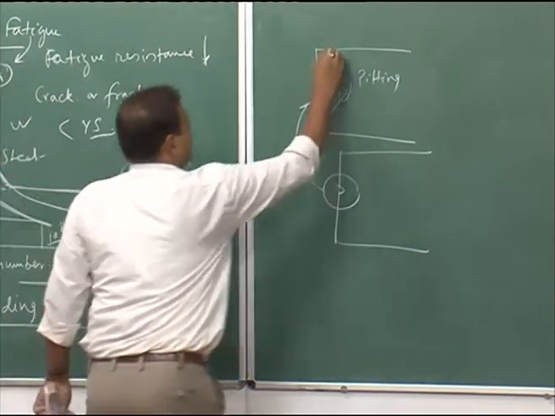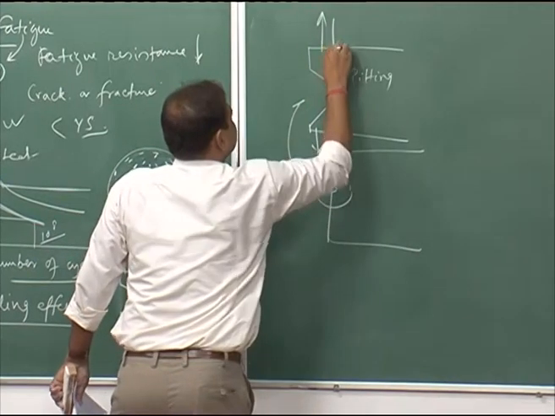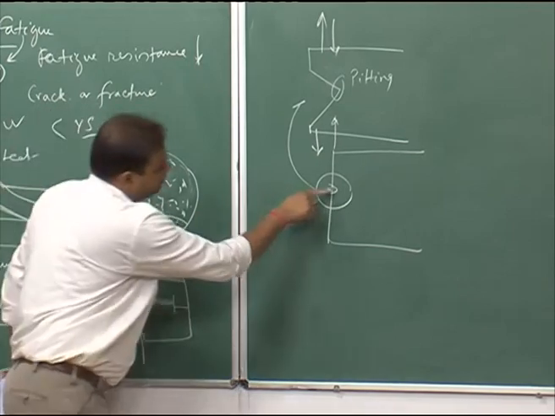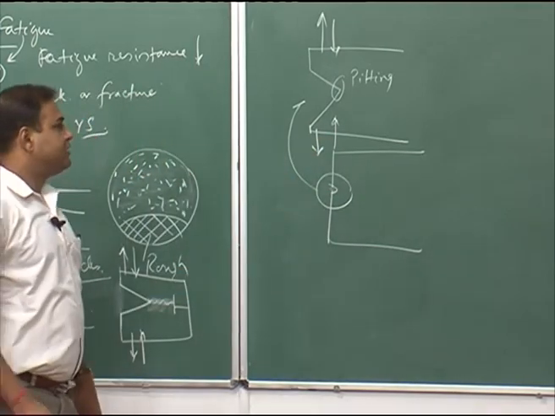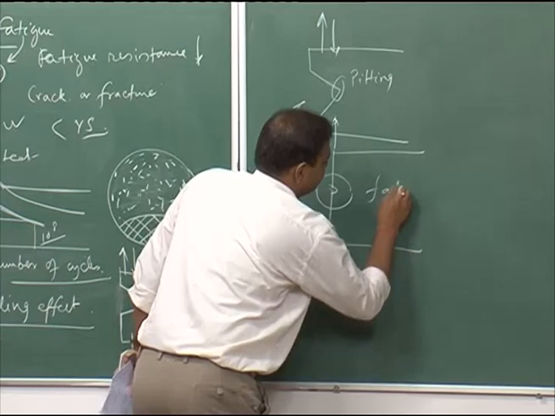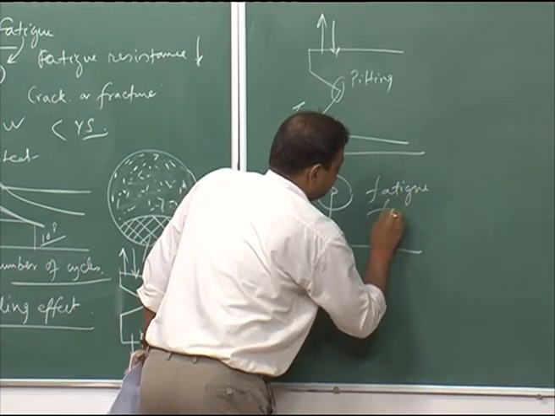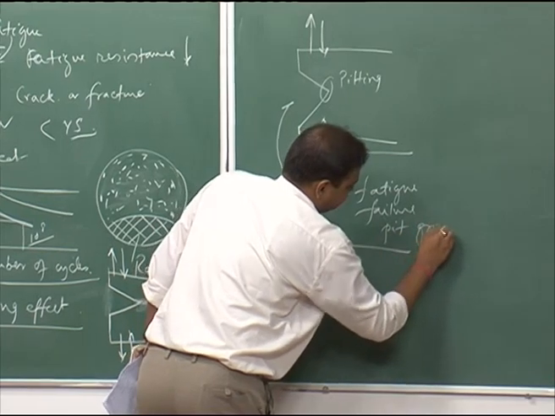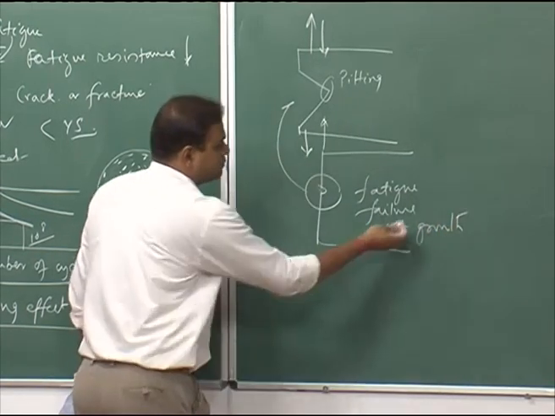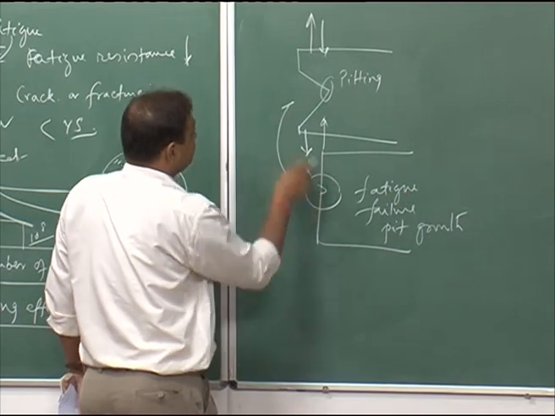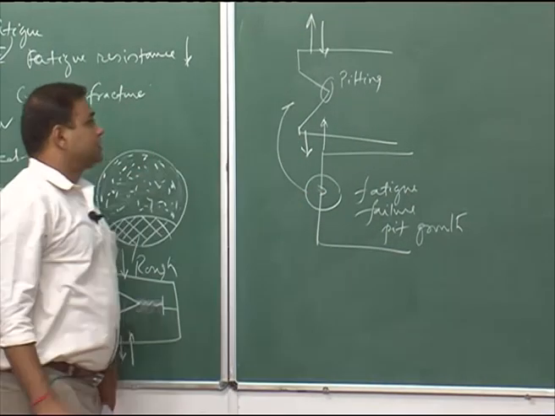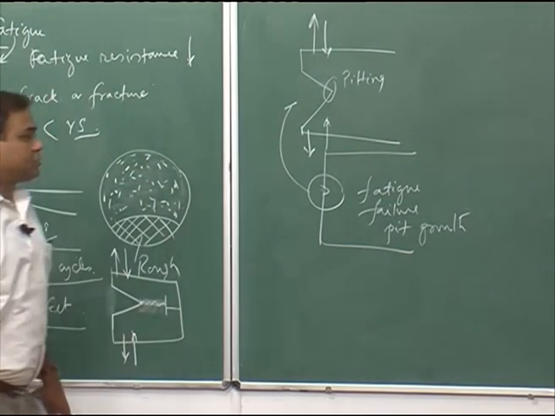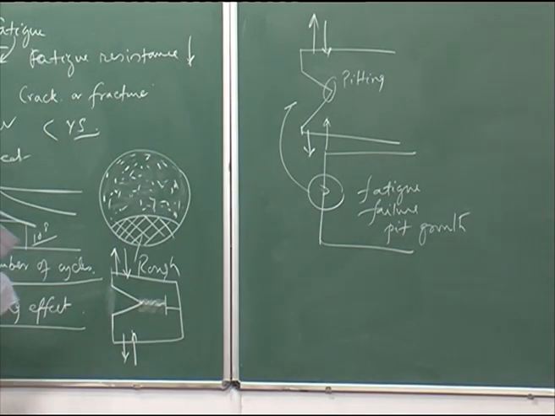And due to this alternate stress reversal, this pit would grow and then lead to fatigue failure. The pit will grow due to this alternate stress reversal or the fatigue action, and then there could be corrosion fatigue.